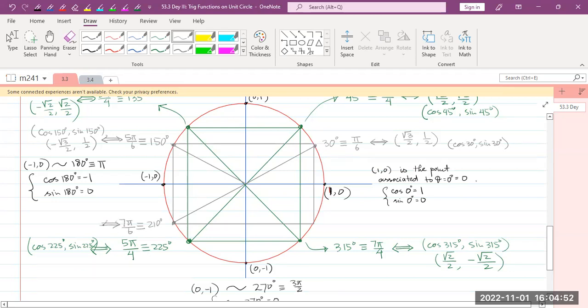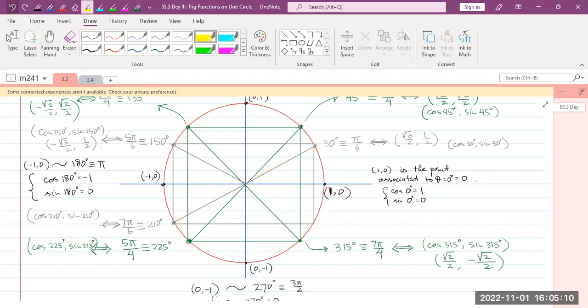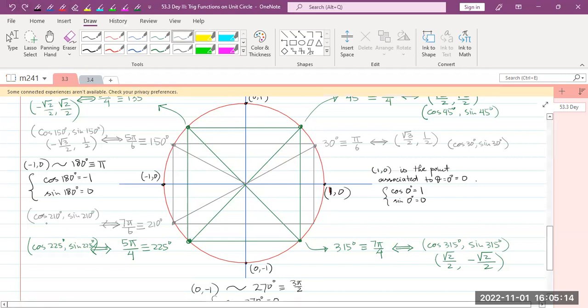Notice that cosine 210 degrees, sine 210 degrees must be the opposite of the x here and opposite of the y's. Okay, so it must be negative radical 3 over 2 comma negative 1/2.